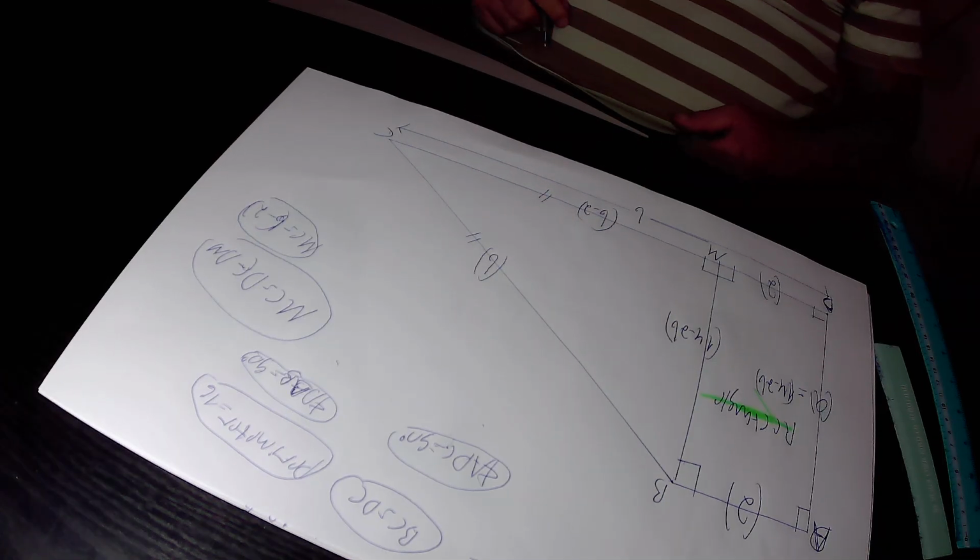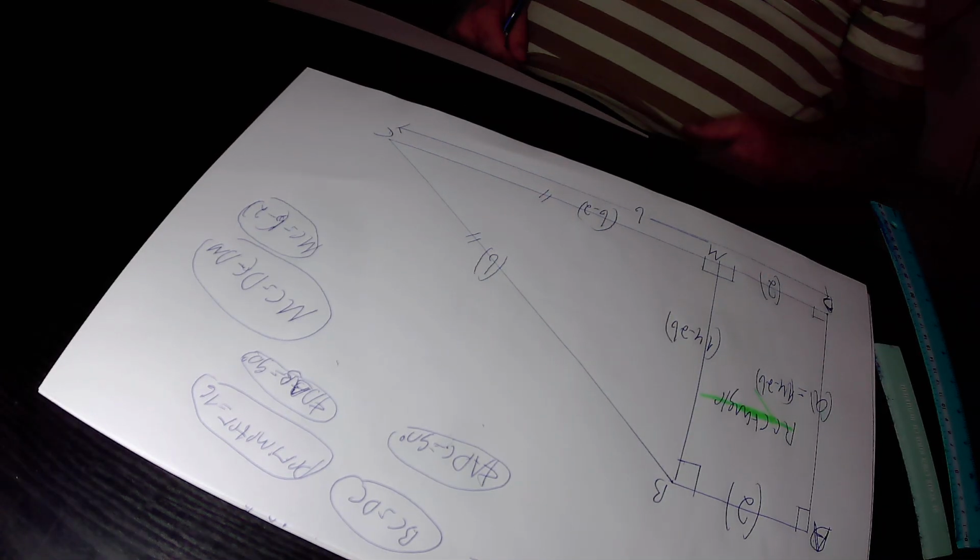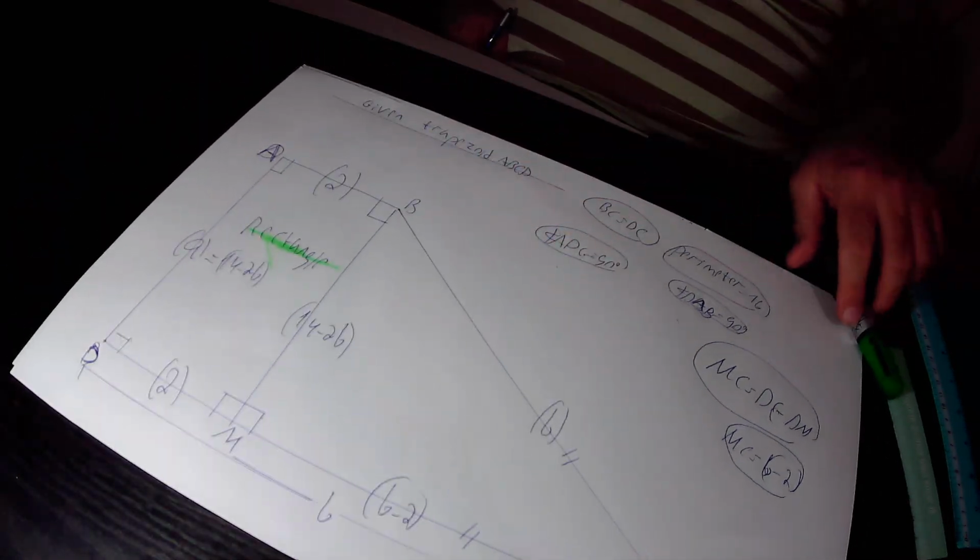In the next step, I copy this right triangle BMC to a new page and apply the Pythagoras theorem on this right triangle BMC.